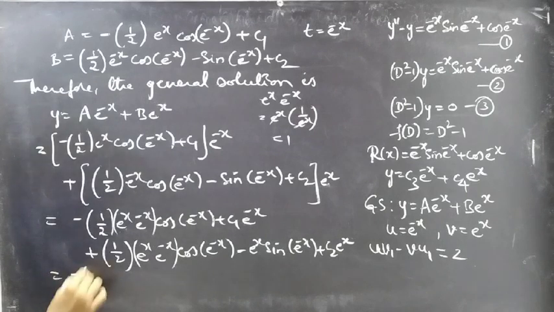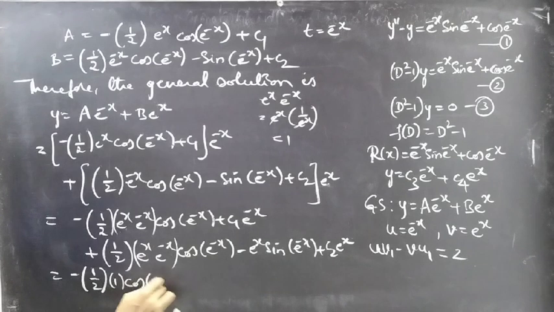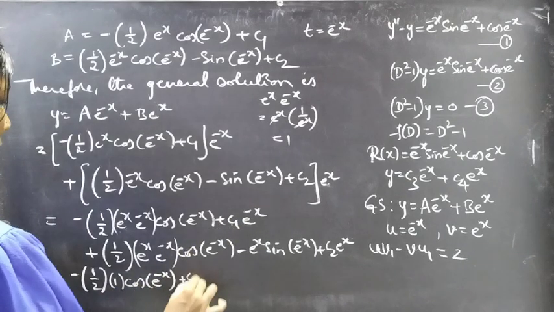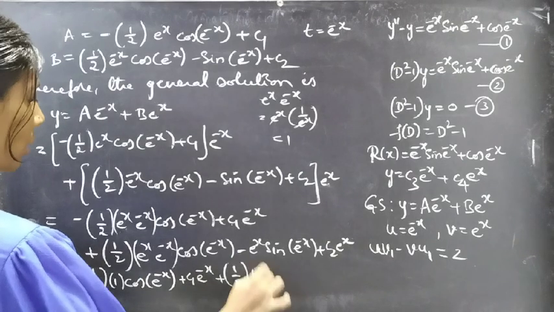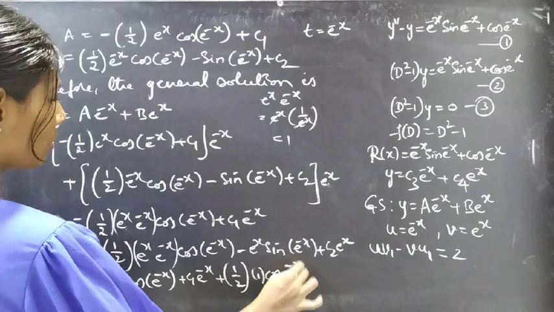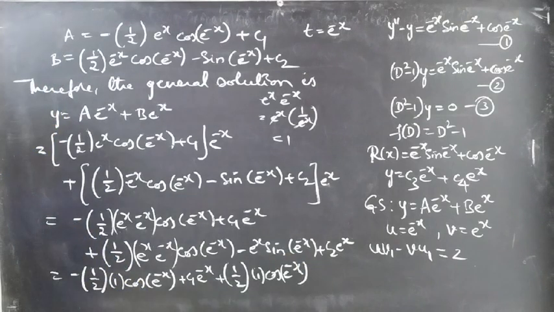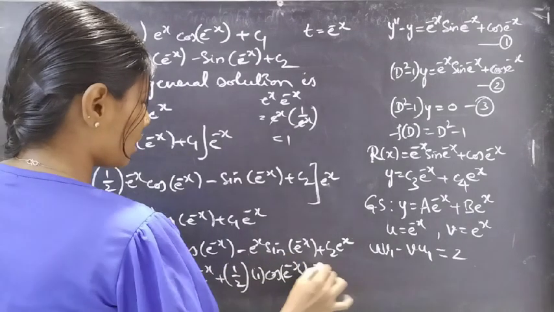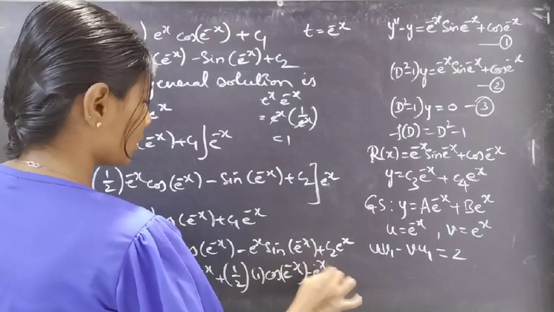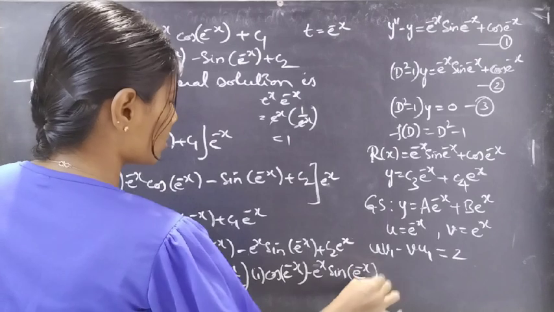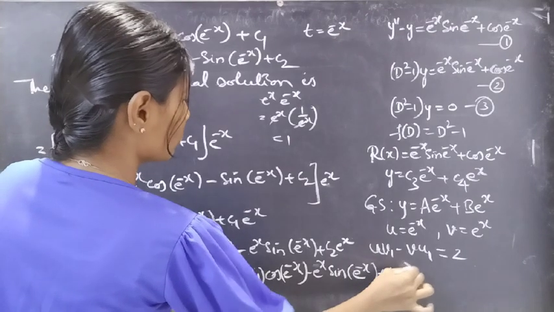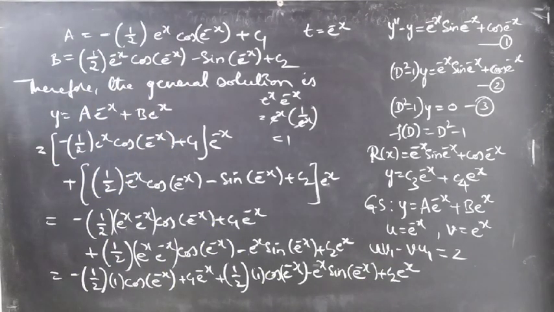You'll get minus 1 by 2 into 1 into cos e power minus x plus c1 e power minus x plus 1 by 2 into 1 into cos e power minus x minus e power x sin e power minus x plus c2 e power x.